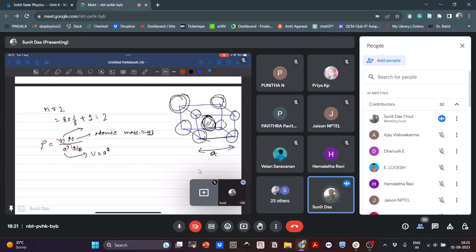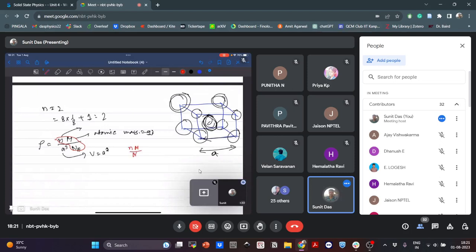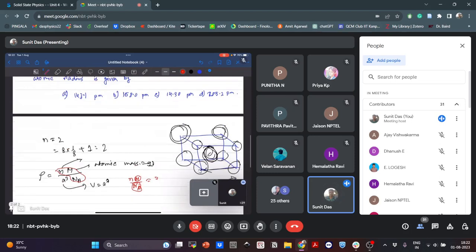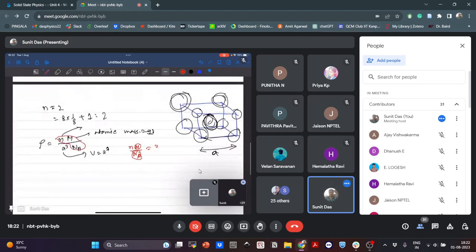This part, n M by N A, where N A is the Avogadro number, represents the mass of atoms in a unit cell. Because this is atomic mass and this is Avogadro number, it essentially gives us the total mass in a unit cell divided by the volume of the unit cell. Then we get mass by volume, the density.